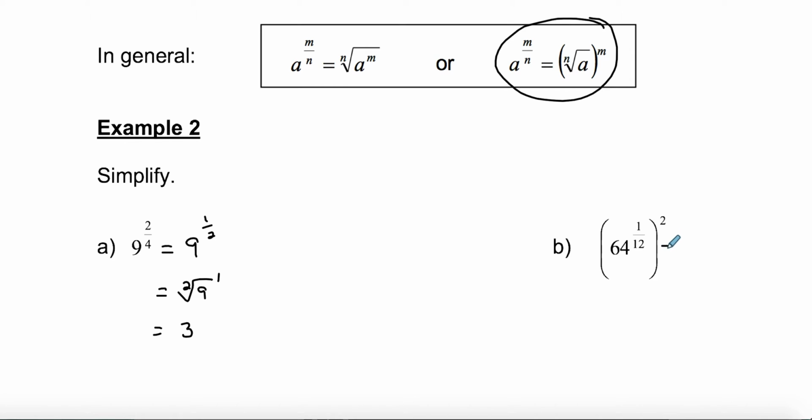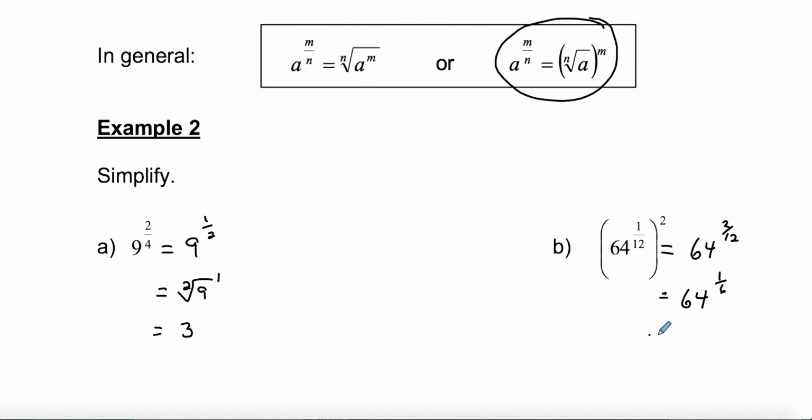This one over here, we have learned about exponent rules, and we know that you multiply the exponents when you have a power of a power. Maybe we would write that first as 64 to the 2 over 12. But I could also simplify that to lowest terms. That's 1 over 6.